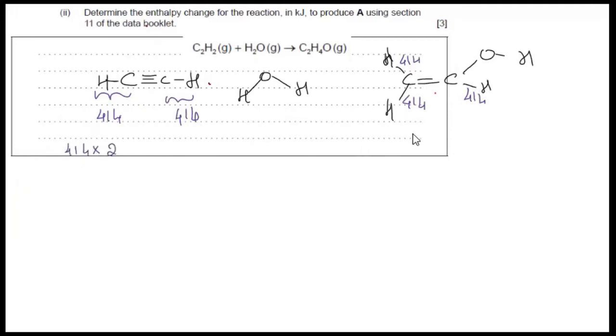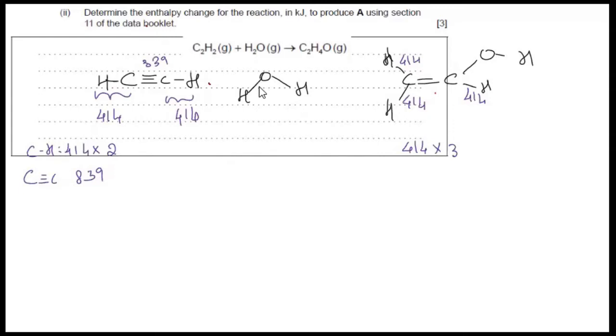2. Here we have 414 times 3. So this is CH bond data. Then we have C triple bond C, which is 839.